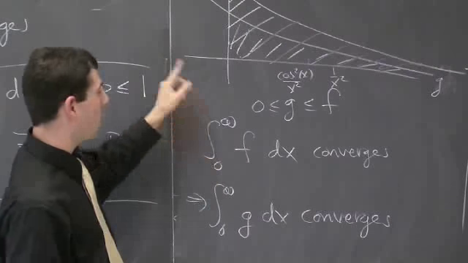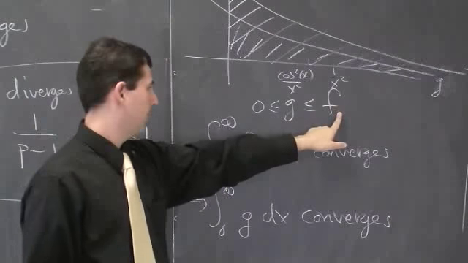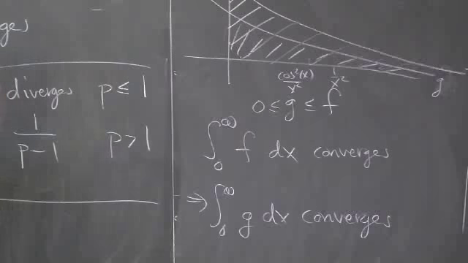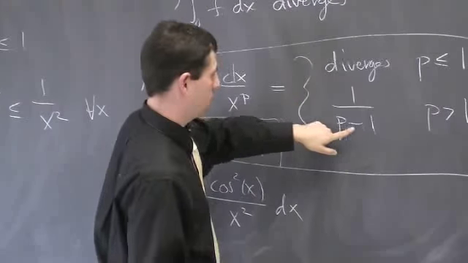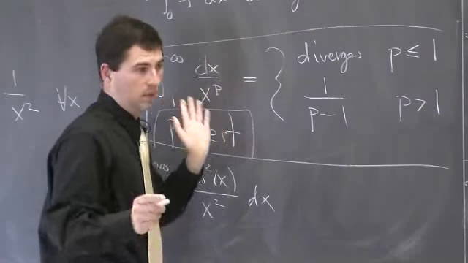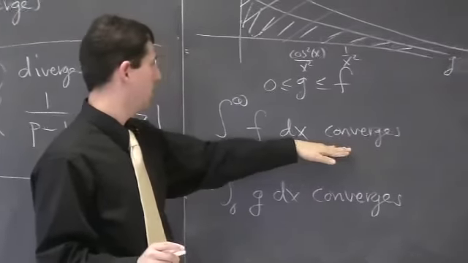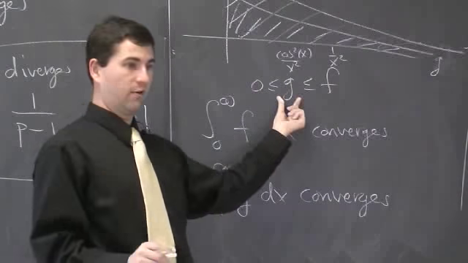If I integrate from 1 to infinity, 1 over x squared, well, the p-test tells you that that converges. In fact, it converges to 1 over 2 minus 1, which is 1. But it doesn't matter. It converges, and that implies that the middle one converges.